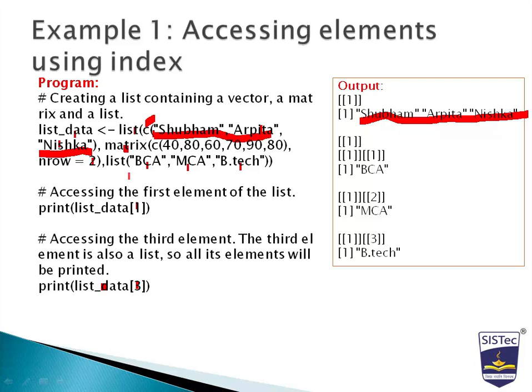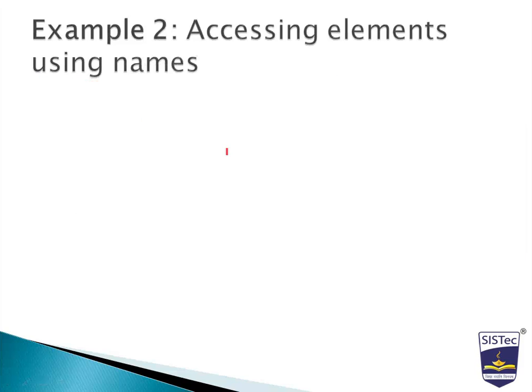The third element is BCA, MCA, BTech, because this was the third element. So what is the second element? The second element was this matrix that is not shown here. In this way, using the index, we can access the list.